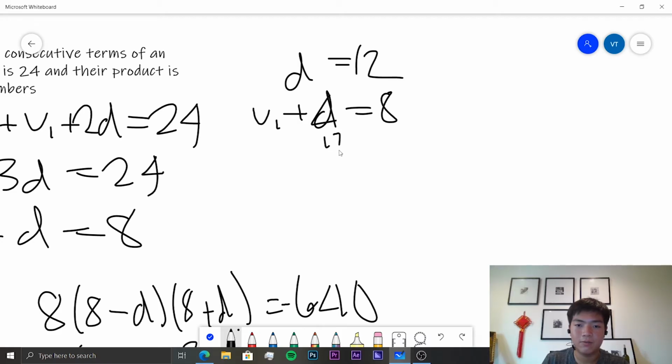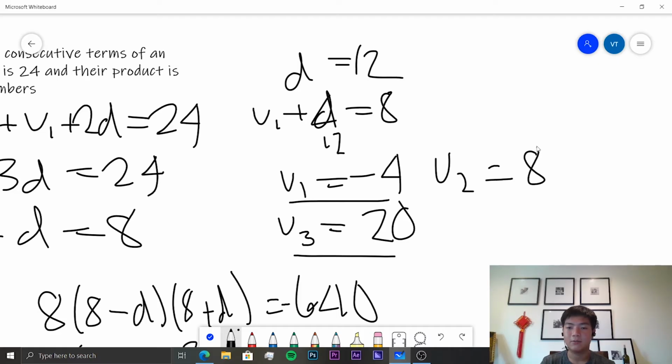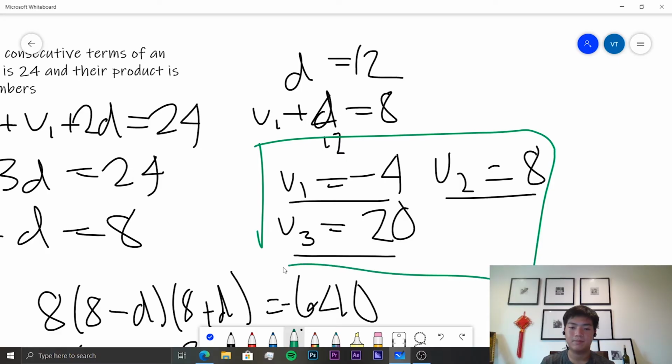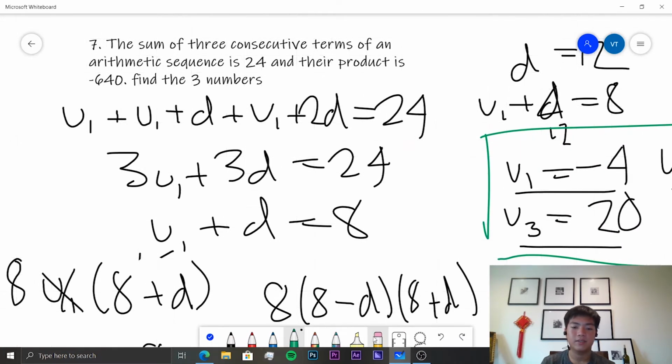Since this is 12, the first term must have been negative 4, and the third term must have been 12 plus 8, 20. So is this correct? Yes, it is. The first term is negative 4, the third term is 20, and the second term, in case you weren't listening, is 8. So that's how you solve this problem. We've found the three numbers.